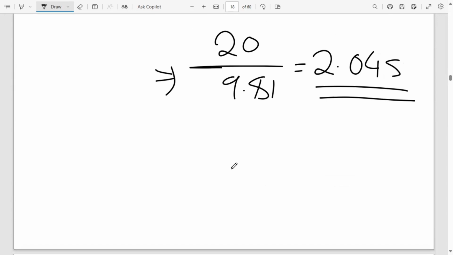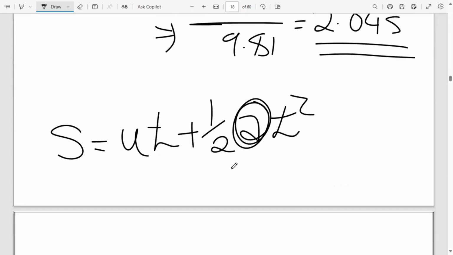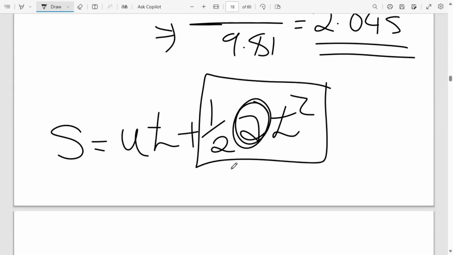So we said range is equal to what? It's either you're going to use that complex formula for range or you use the simplified one. For the simplified one, we are going to say S is equal to UT plus half AT squared. But since there's no acceleration in the x-axis, it takes out this part of the equation. So we're going to remain with S is equal to UT.